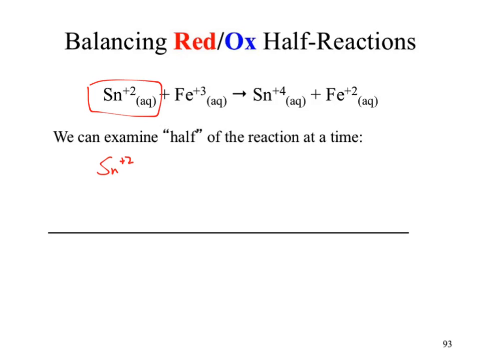Because if I did tin plus 2 plus iron plus 3, how do I balance that now? That becomes really hard to balance without adding more elements, so that doesn't work. So I'm just going to look at the tin plus 2. Tin plus 2 looks most like iron, right?